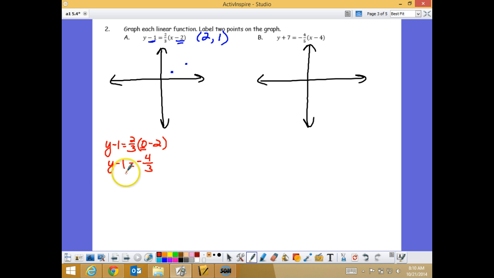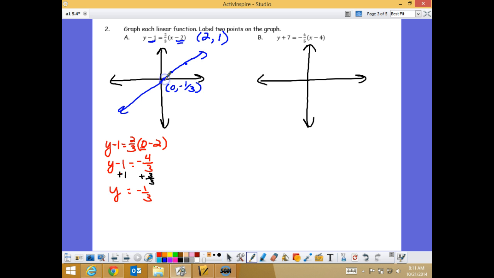And then we're going to add 1 to both sides. Adding 1, with the denominator 3, is 3/3. So then we end up with y is equal to negative 1/3, which we write down here. So that point is (0, negative 1/3). So we can see the general direction of this line.